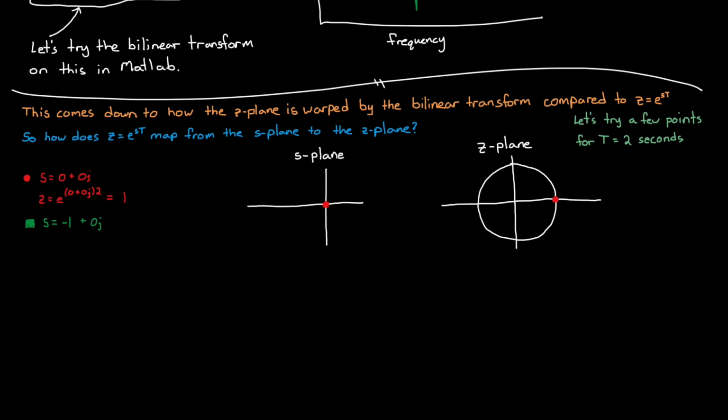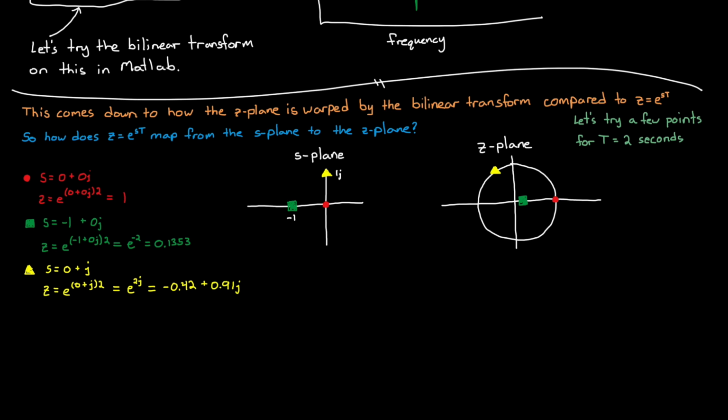Let's try s equals minus 1 plus 0j. And this maps to 0.1353 in the z-plane. This is inside the unit circle and fairly close to the origin. If we head up the imaginary axis to s equals 0 plus j, we see that this maps to negative 0.42 plus 0.91j, which lies on the unit circle in the z-plane.